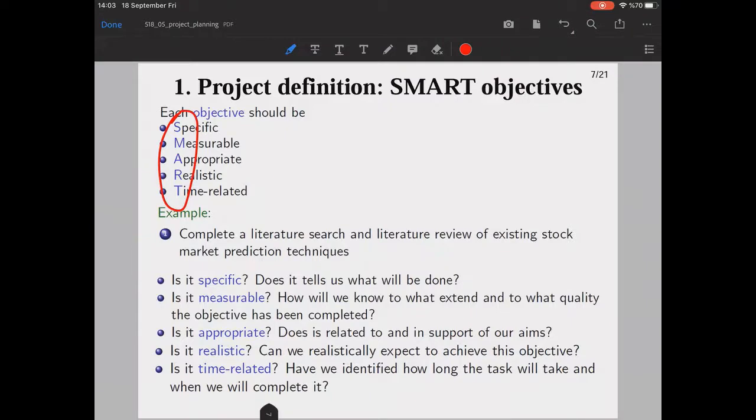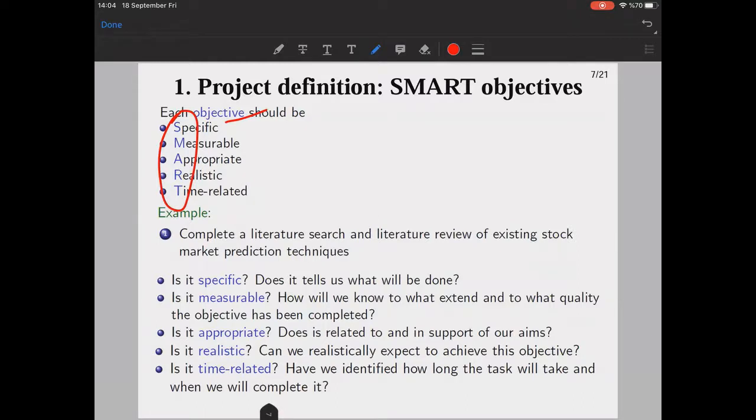Is it specific? Does it tell us what will be done? I'm just asking questions about all of them here. Is it measurable? How will we know to what extent and to what quality the objective has been completed? The objectives need to answer this question as well. Is it appropriate? Is it related to and in support of our aims?